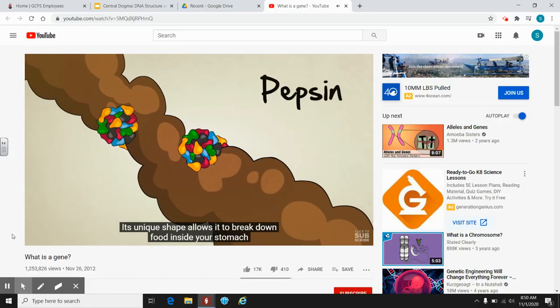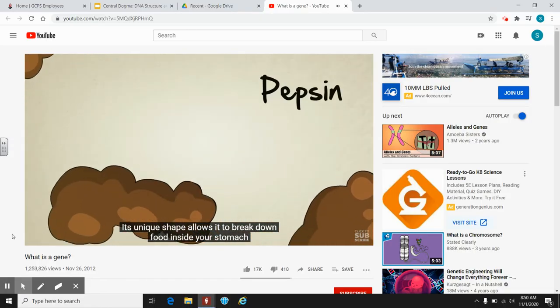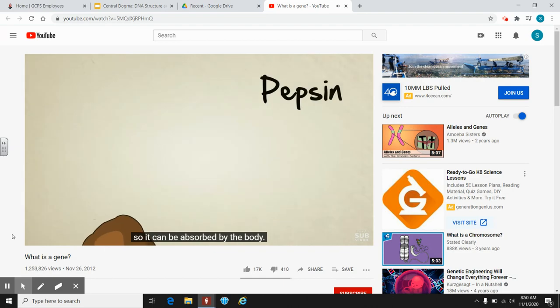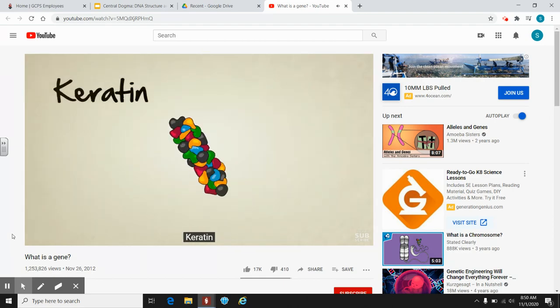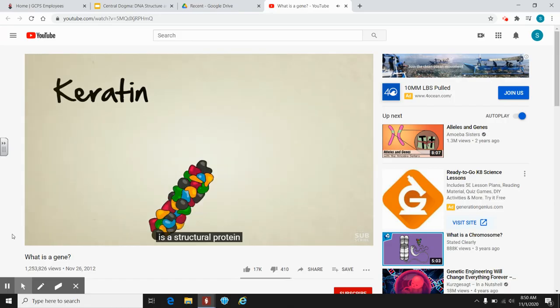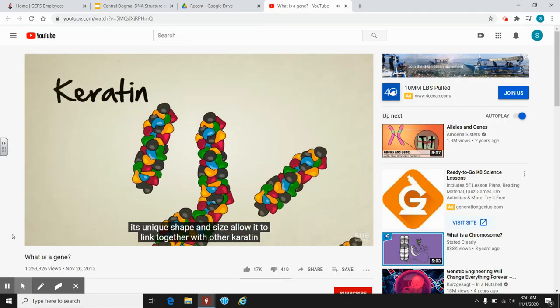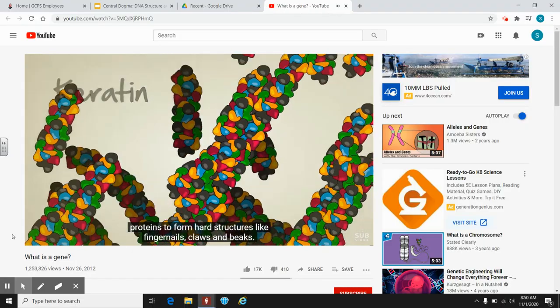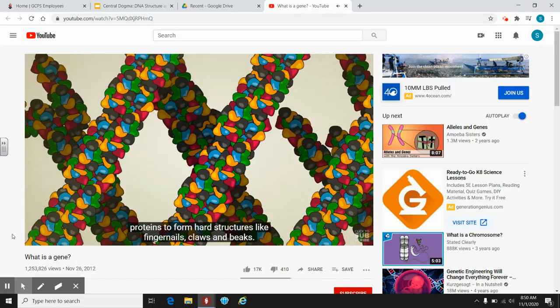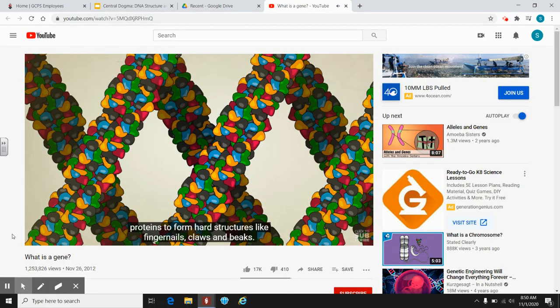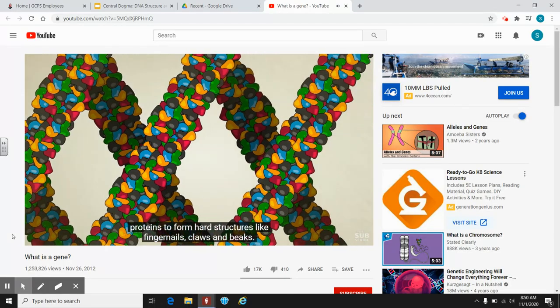Its unique shape allows it to break down food inside your stomach so it can be absorbed by the body. Keratin is a structural protein. Its unique shape and size allow it to link together with other keratin proteins to form hard structures like fingernails, claws, and beaks.